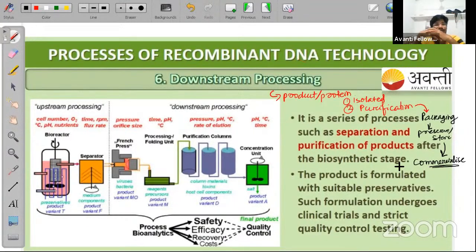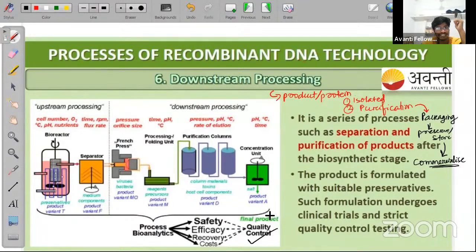Okay, so downstream processing includes all the processes after the production of the protein, to test the efficiency, safety, recovery, cost, and quality control. Downstream processing के अंदर everything हो जाएगा, quality control check किया जाएगा, safety इसका कितना है, efficiency कितना है, recovery कितना है, cost efficiency क्या है, everything will be checked in this process.